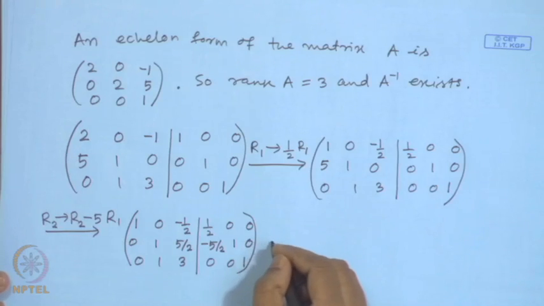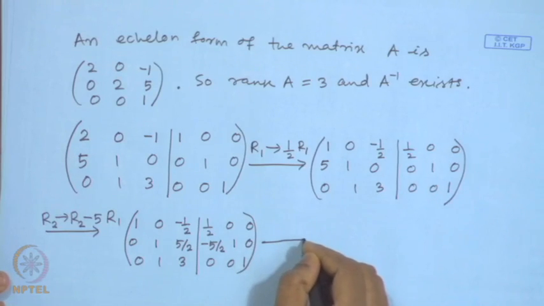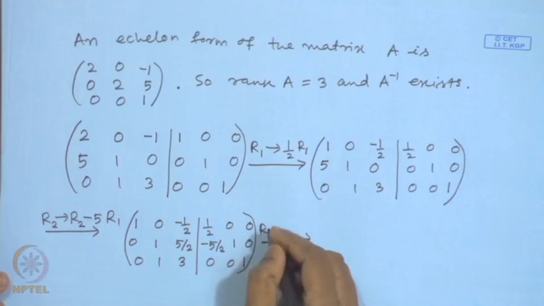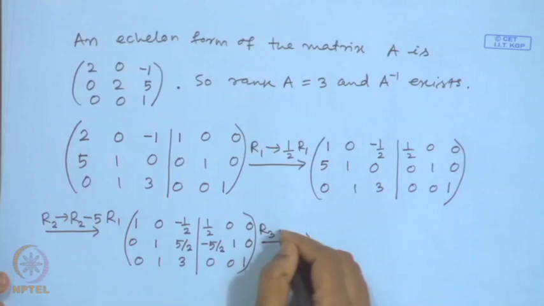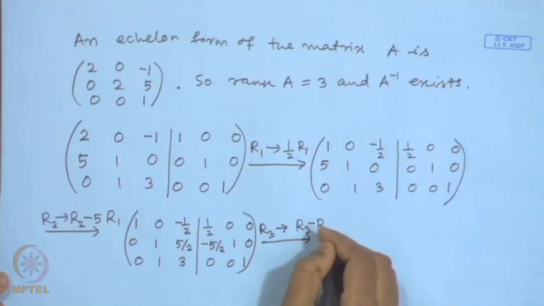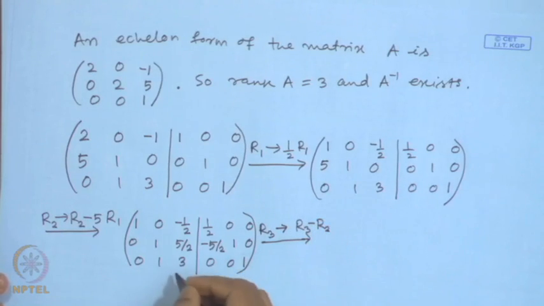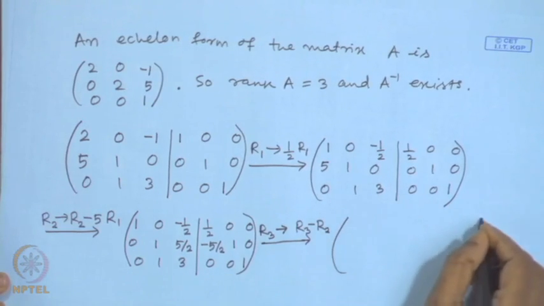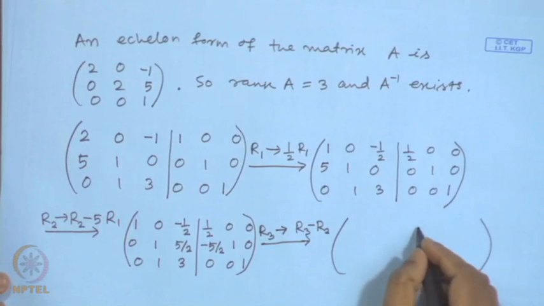So, next again we will apply elementary row operations that we shall replace this R3 by R3 minus R2, that makes the second entry in the third row equal to 0 and we get this matrix B like this.